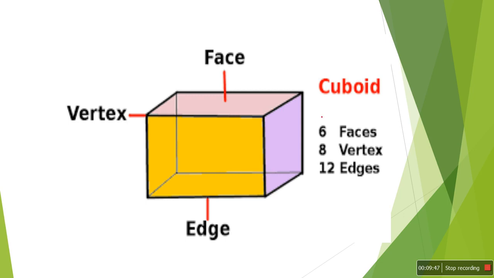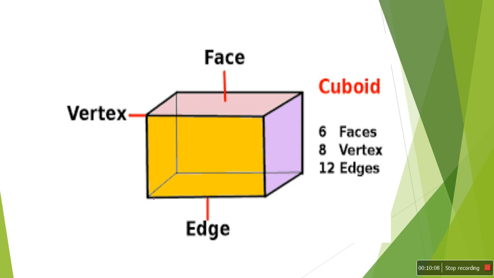Let me give you another example of a 3D shape so that you can know more. What is the name of this shape? The name of this shape is cuboid. So here again only three parts are there, because this shape is 3D. The first one is face: this one is a face, this face, this one is a face.